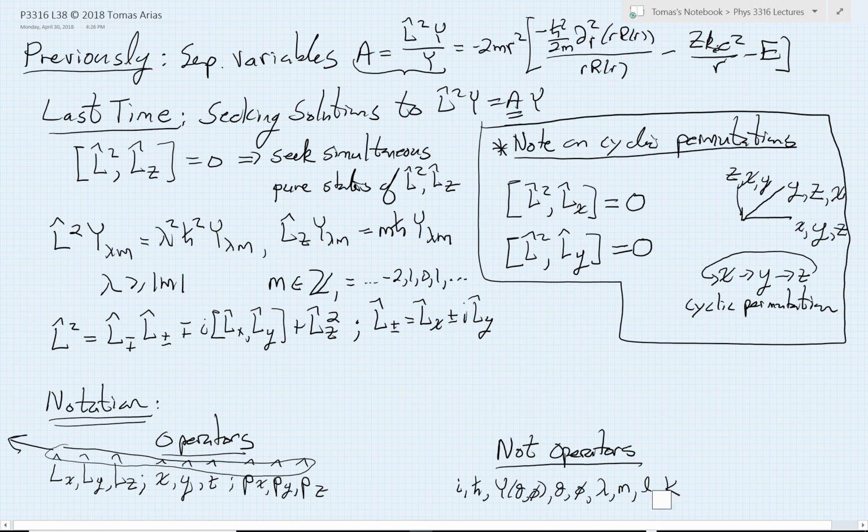And there will be two other integers that appear in today's theory, lowercase l and lowercase k. And all of these will be clearly not operators.